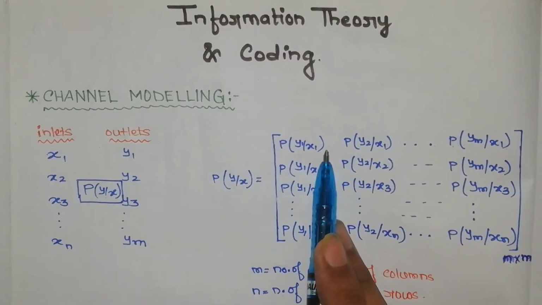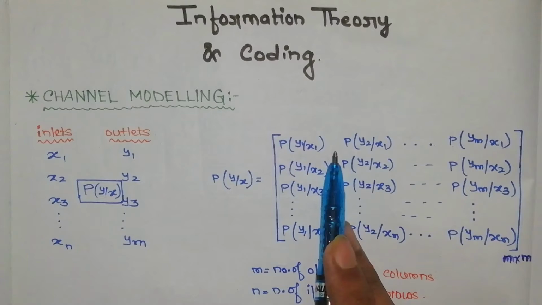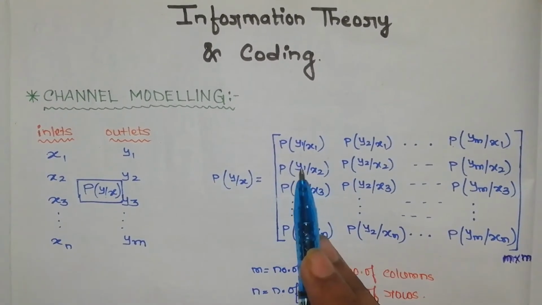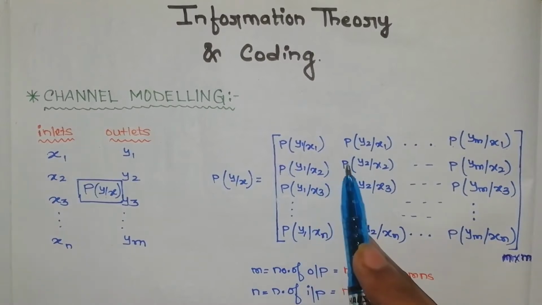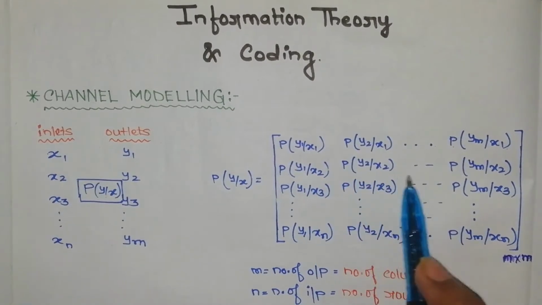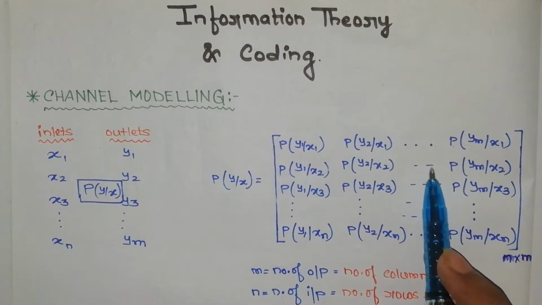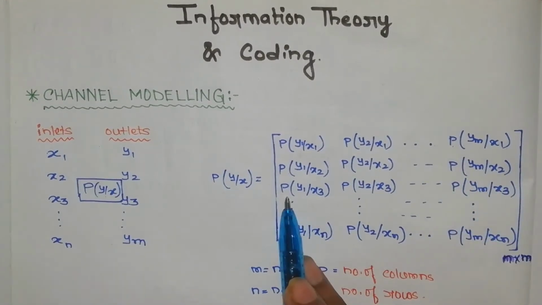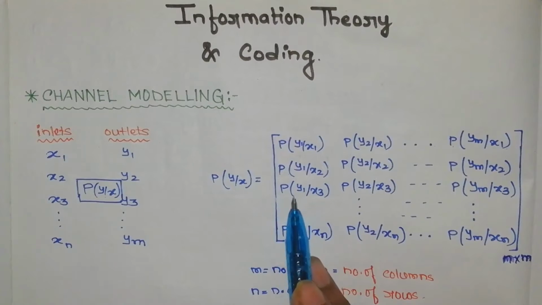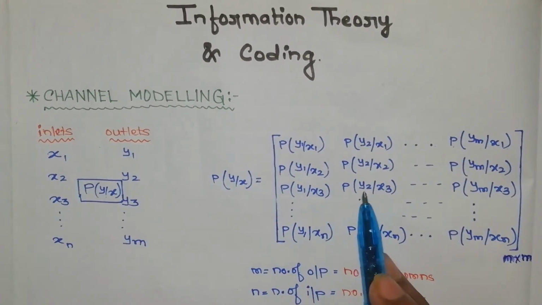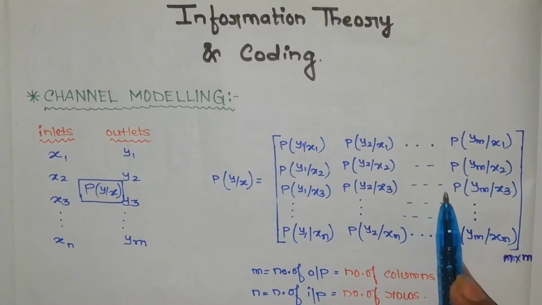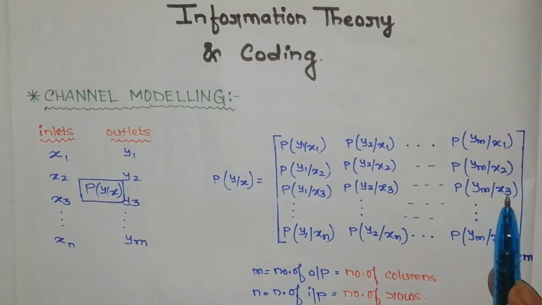So the constant term will be the denominator part, that is x1. In the second row there will be p(y1/x2), p(y2/x2), p(y3/x2) up to p(ym/x2). Similarly, in the third row, p(y1/x3), p(y2/x3), p(y3/x3) up to p(ym/x3).